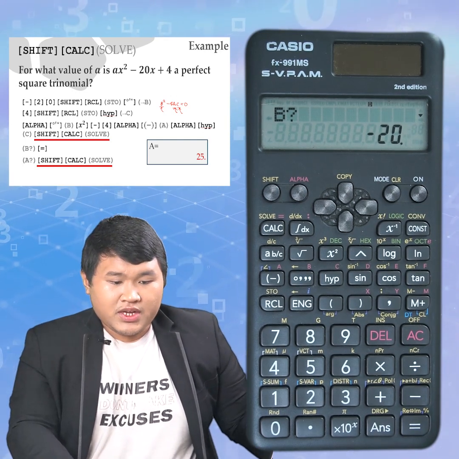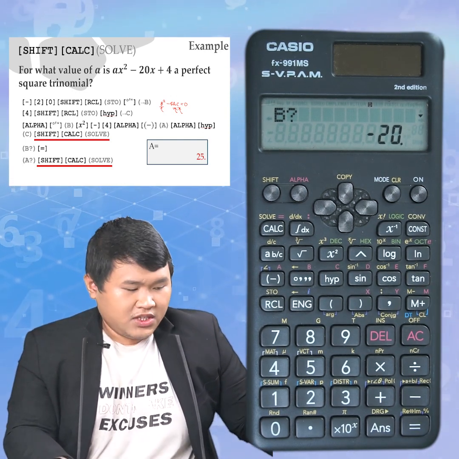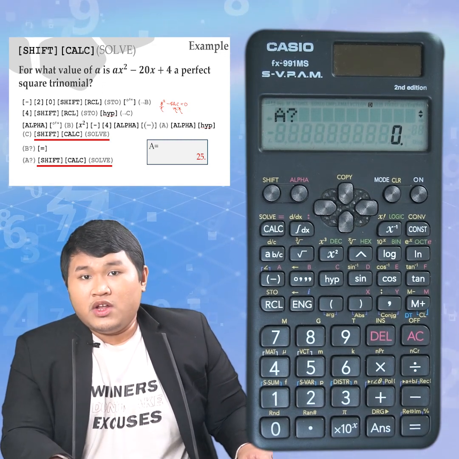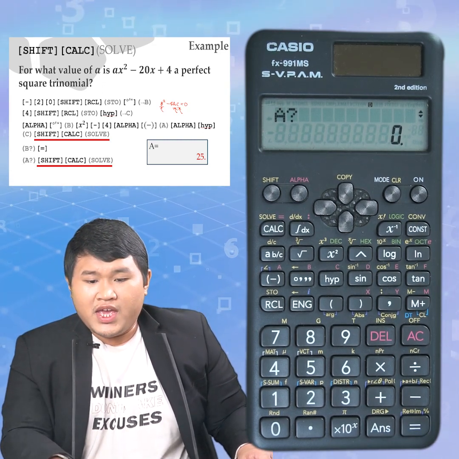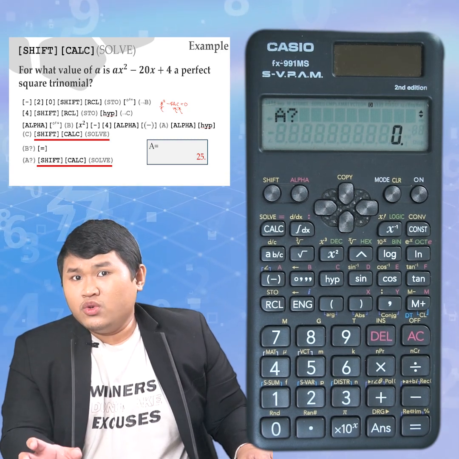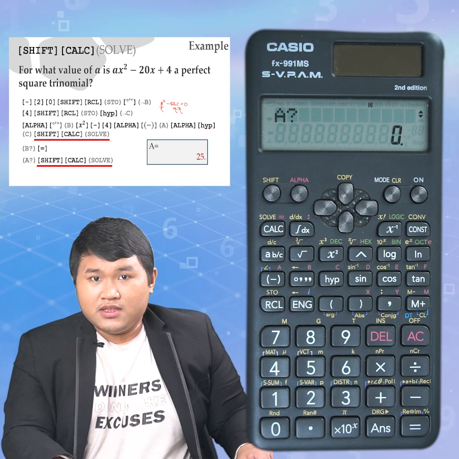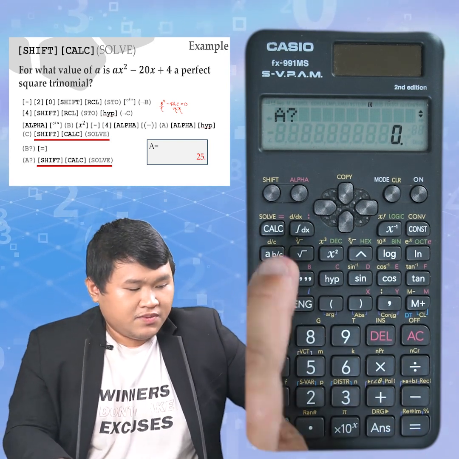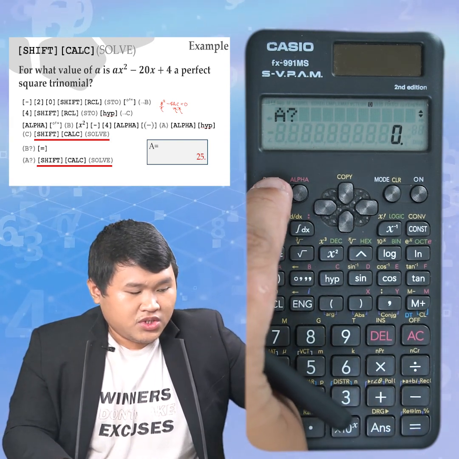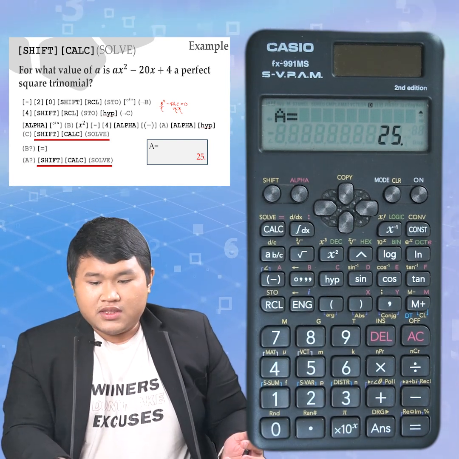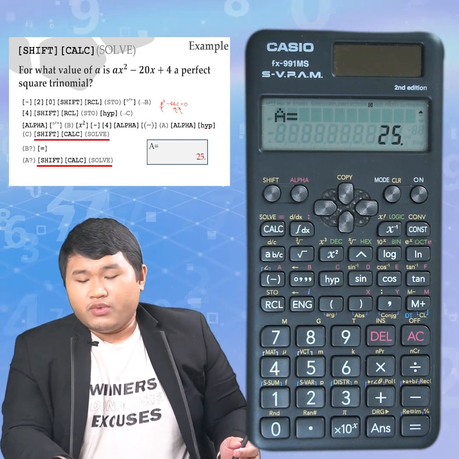Now, let us press equals. There's nothing to be done there. Next, we will be asked for the value of a, which is the unknown variable in the equation. To solve that, let us use shift solve one more time. Shift and then calc, and you will get the value of a, which is 25.